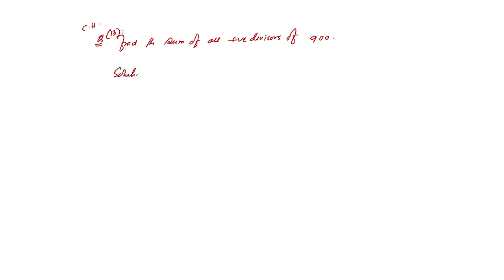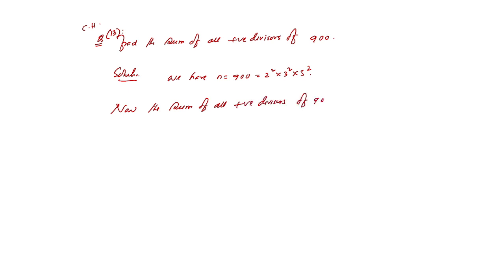So how to solve? We have here n equals 900. This is 2 square into 3 square into 5 square. So now the sum of all positive divisors of 900, this is basically sigma of 900, that means sigma of 2 square into 3 square into 5 square.